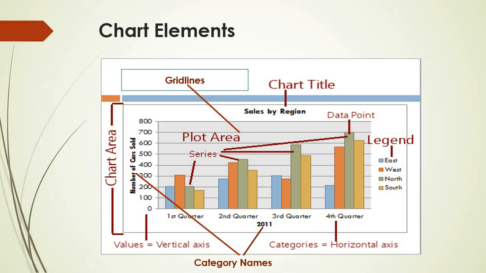Okay, so these are the category names. Now vertical axis, or we can say the value axis, that is the y-axis to plot the values. So this is the y-axis. Value axis is also called the y-axis, and category axis is also called the x-axis, in which we are showing the categories.